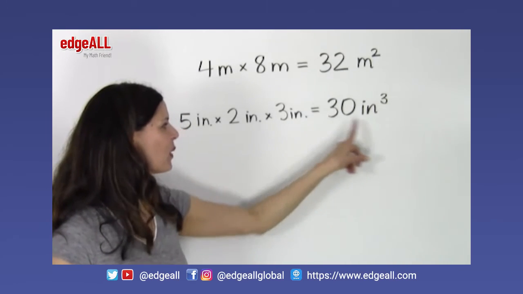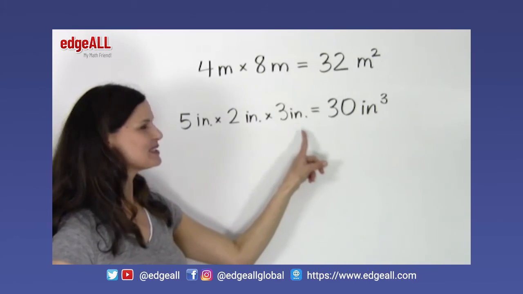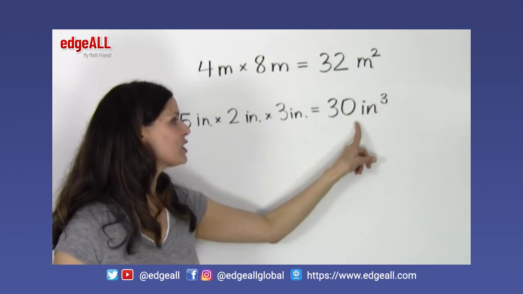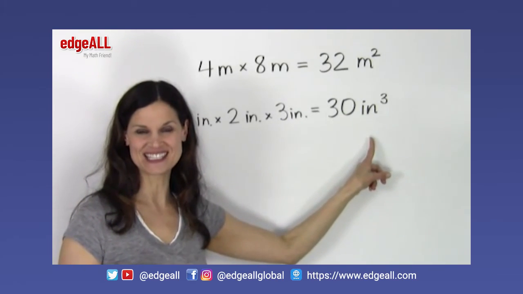And so I would report this answer as 5 inches times 2 inches times 3 inches equals 30 inches cubed, or 30 cubic inches.